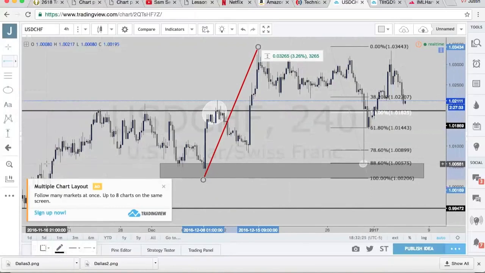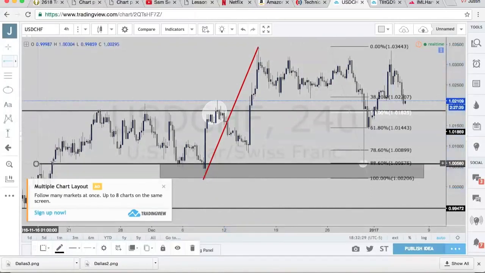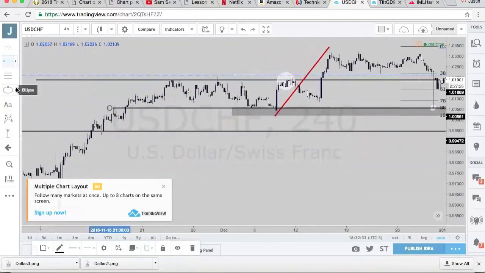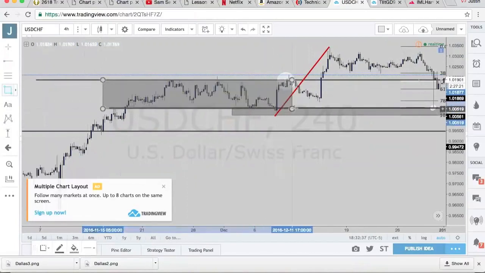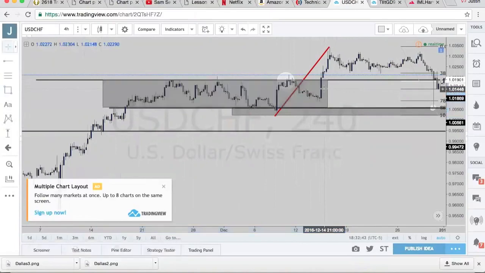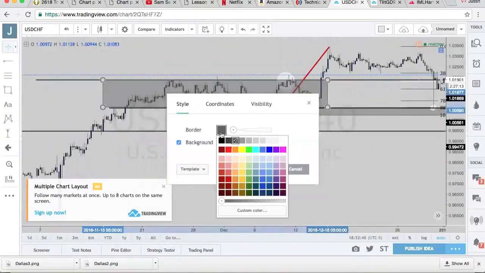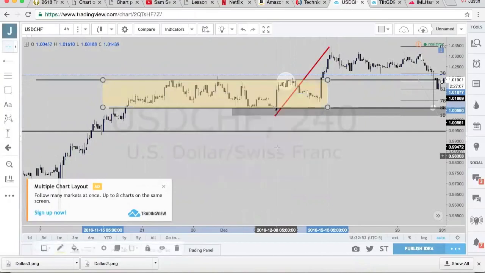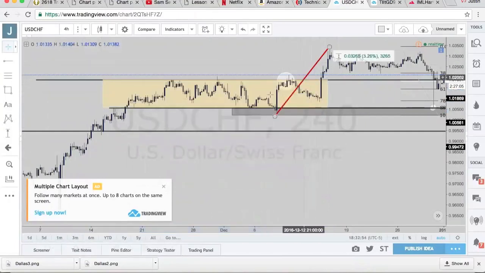So here you can actually see that this level actually acted as support. So you see this consolidation range. I'm going to show you guys right here. This whole time this trade was consolidating here, right? Actually going to do this a different color. Right here. Okay, so this whole time, this is the consolidation range right here.